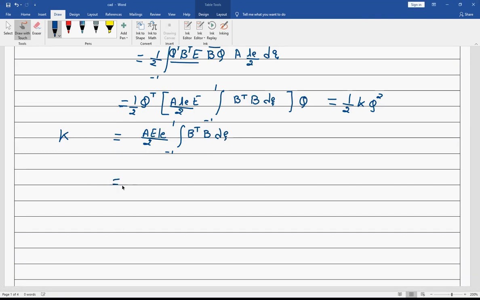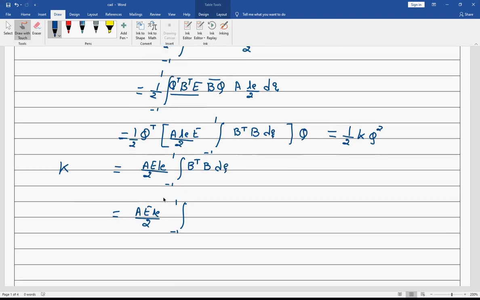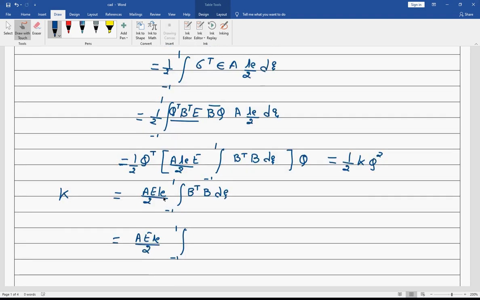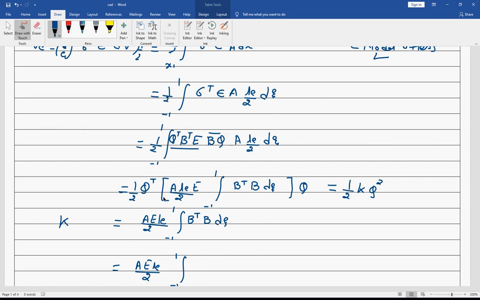Now AE by Le by 2 is common, integration from -1 to 1. Now what is B? B is 2 by Le into this.